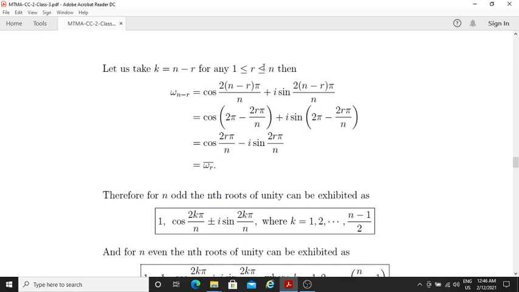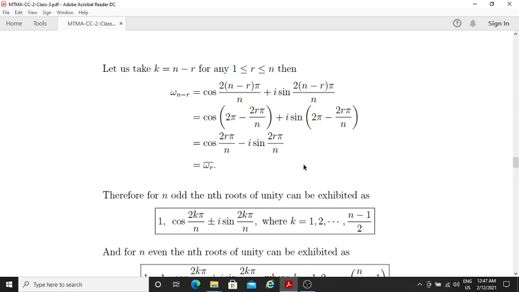So you are supposed to consider r strictly less than n. I'll change it in the lecture note, and in that case you get only the roots that are not on the real axis. So take the essence of it: omega of n minus r is the conjugate of omega r.